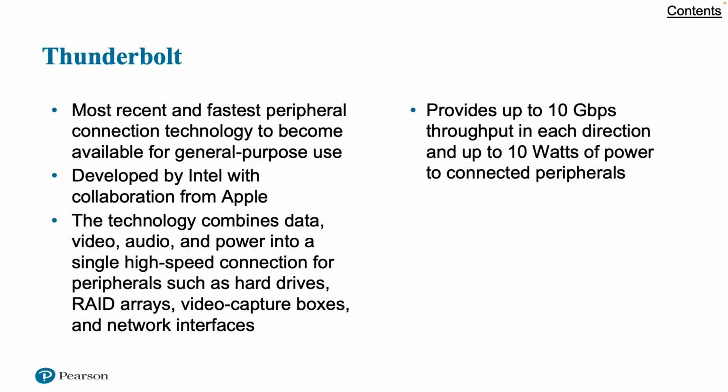The technology combines data, video, audio, and power into a single high-speed connection for peripherals such as hard drives, that is, you can have it for hard drives, for RAID. Remember, that's redundant array of independent disks, video capture boxes, and network interfaces. It provides up to 10 gigabits per second throughput in each direction and up to 10 watts of power to connect peripherals.